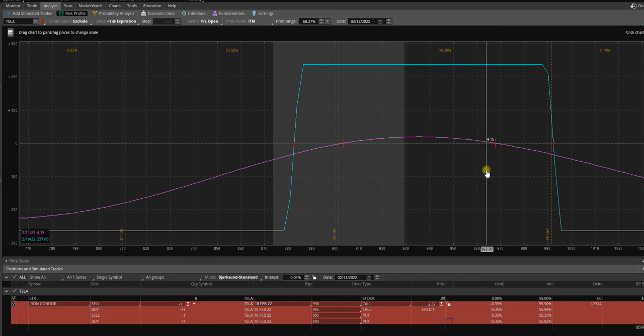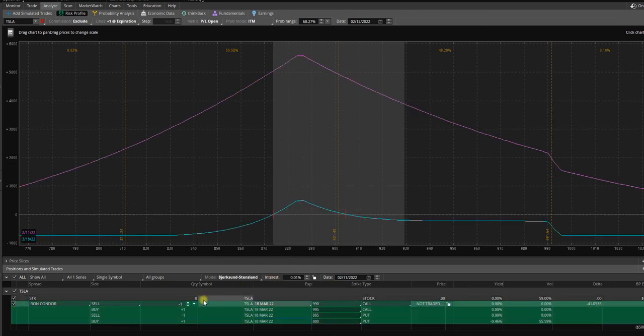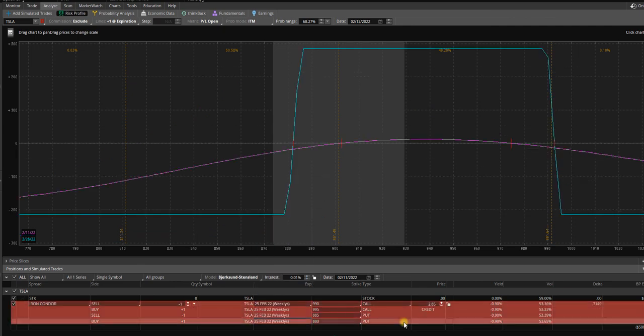So here, as another example, if we thought that Tesla would consolidate through the 18th of March, oopsie daisy, it's not traded. The 25th of February instead, you see that the credit's a little bit bigger.